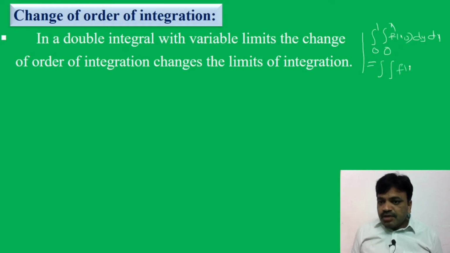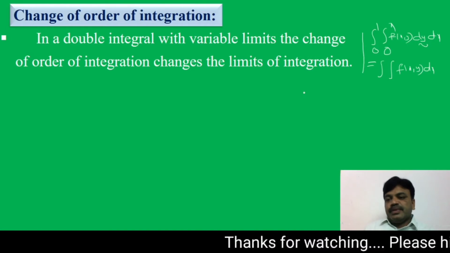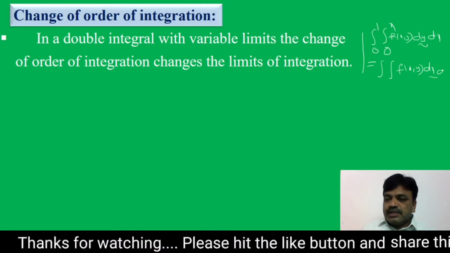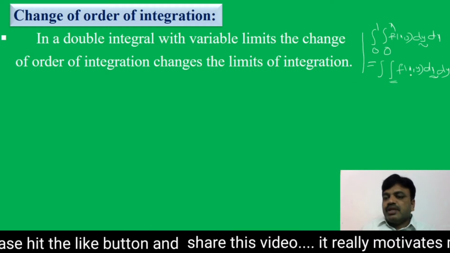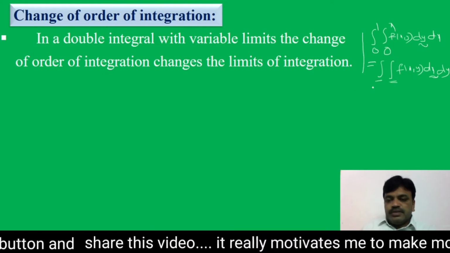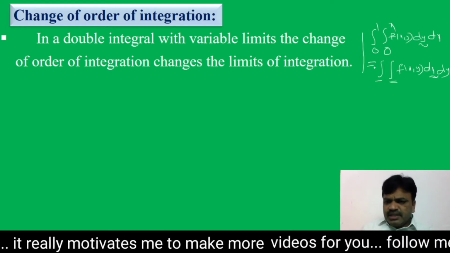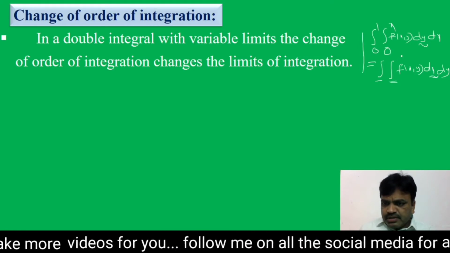You write f of xy, and you first integrate with respect to x and then y. That means you find x limit first and then y limits. Then we get here the limits in terms of y.